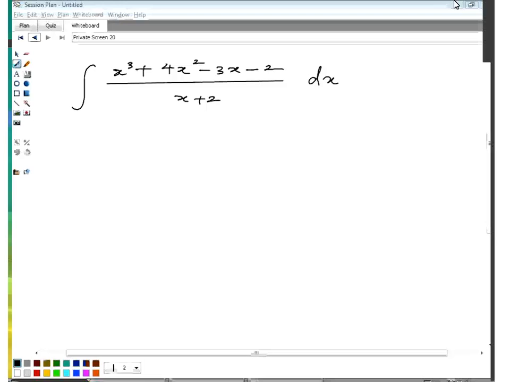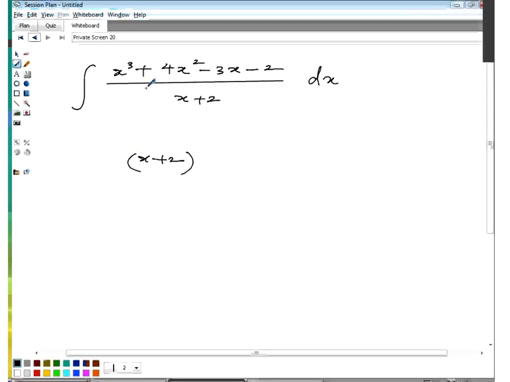The hint would be to divide the numerator by x plus 2. Divide the numerator by x plus 2, and that you can do by actual division or by non-actual division also. So forcefully let's write x plus 2 for the numerator.